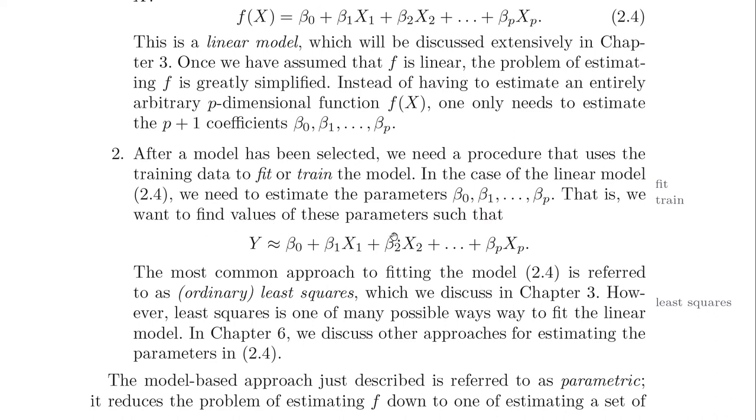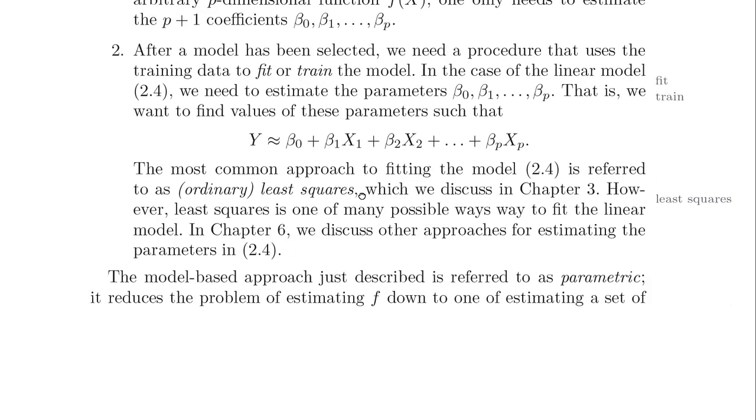That is, we want to find values of the parameters such that they do a good job predicting the actual output, the actual variable that we're trying to predict. The most common approach to fitting the model, 2.4, is referred to as least squares.